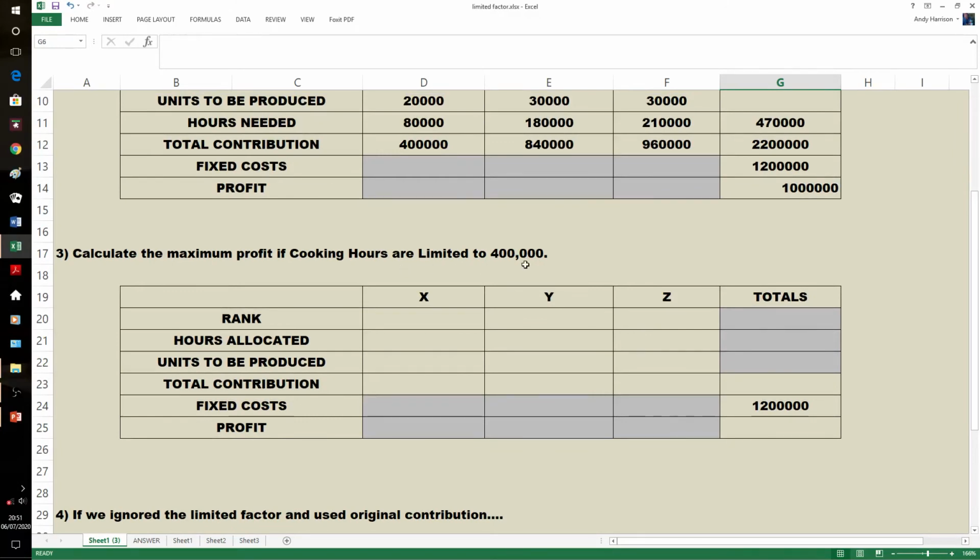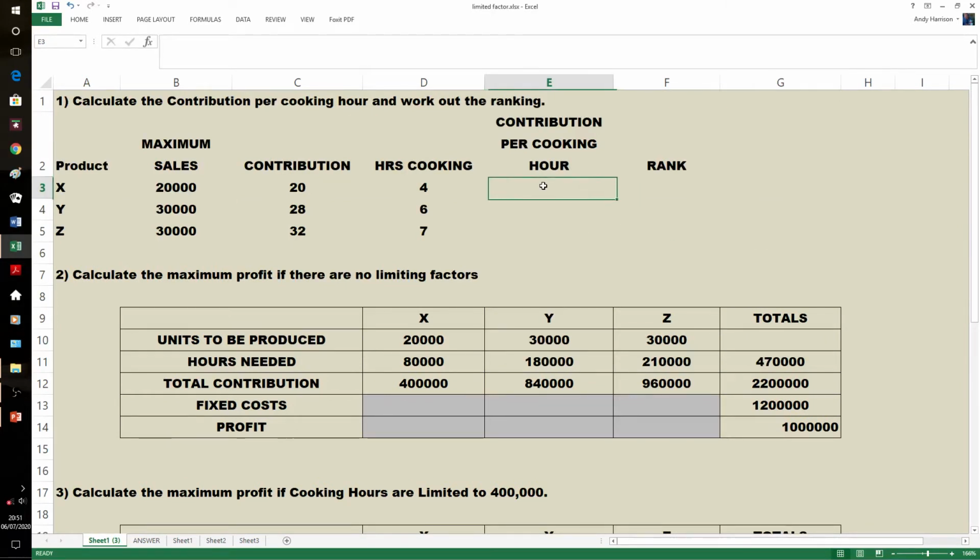We've only got 400,000 hours, so the first thing we need to do is to rank in this contribution per cooking hour. So the maths is fairly easy on this one. If we make £20 in 4 hours, it's £5 per hour. If we make £28 in 6 hours, it's a contribution of £4.67 per cooking hour, and 32 in 7 is worse.